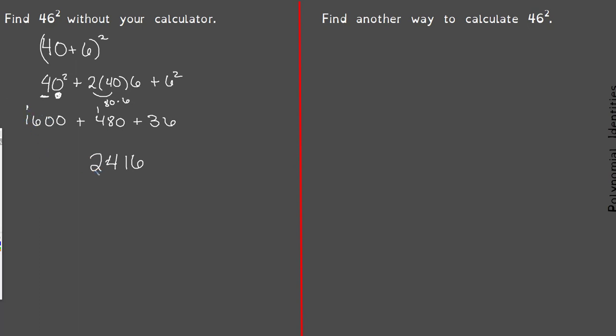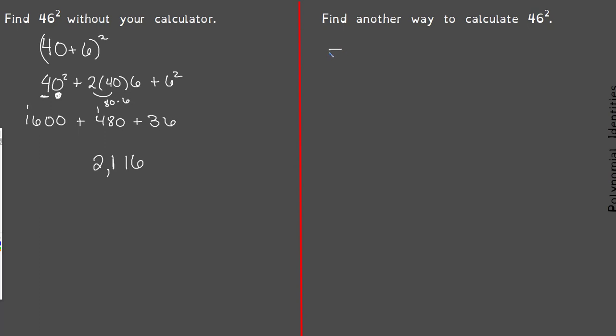Carry the 1. Oh, no, wait a minute, not 3 plus. Got off my spots. 4 plus 6 plus that 1 gives me 11. Carry my 1 gives me 2,116.